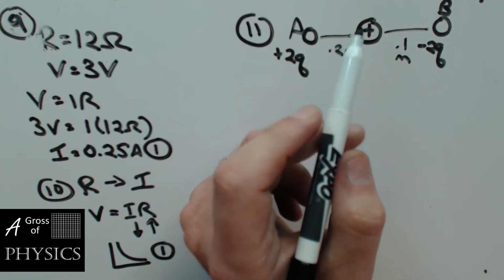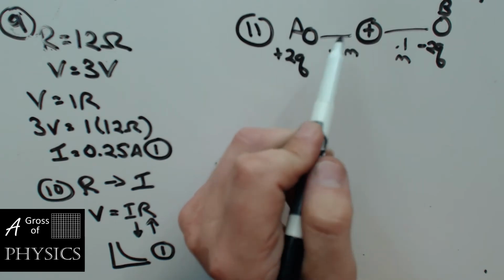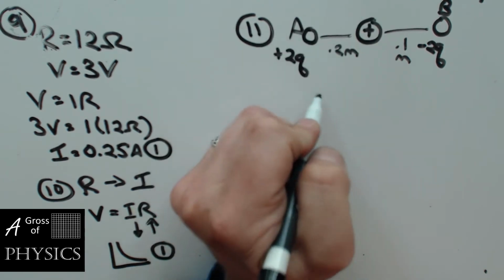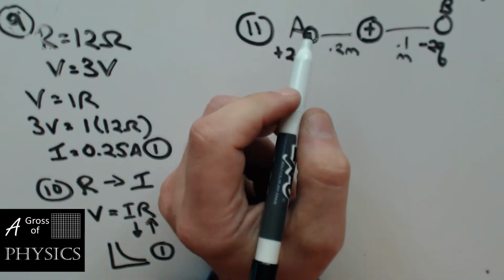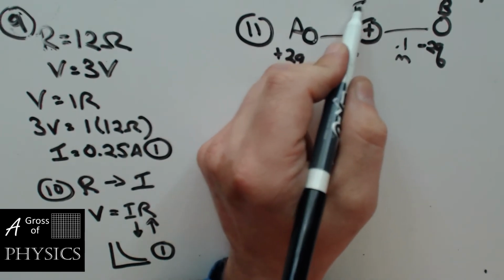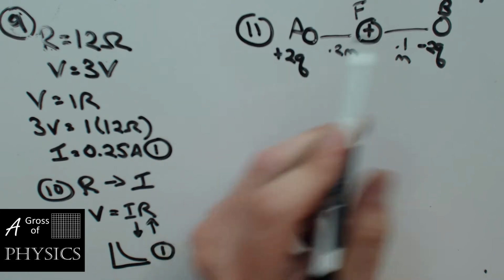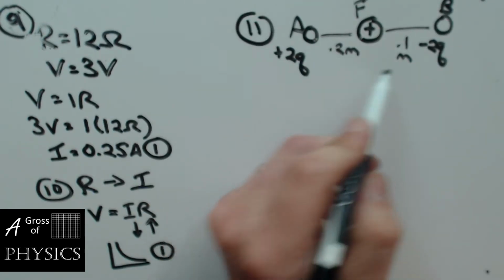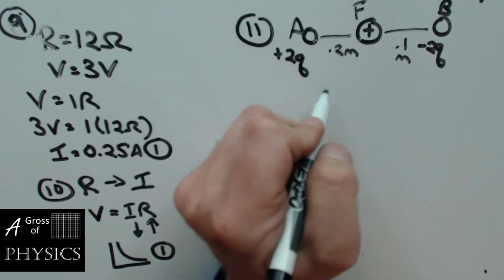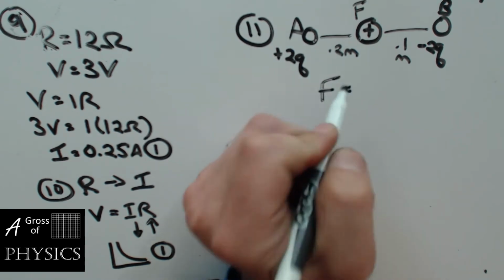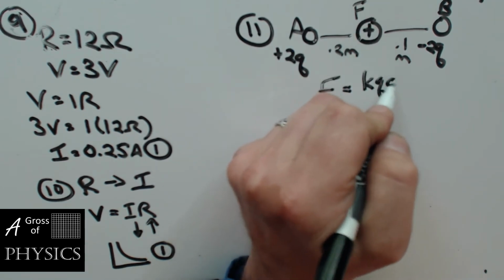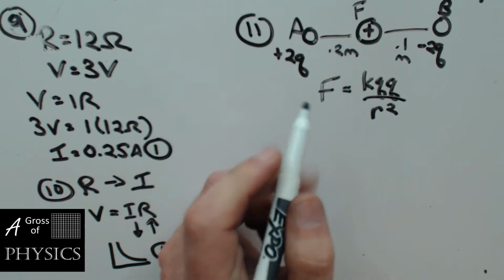If the magnitude of the force on the test charge due to sphere A is F, so we have force F between A and the test charge, what is the magnitude of the force due to sphere B? Well, B has the same charge, but half the distance. The equation for force on charges is KQQ over R squared.